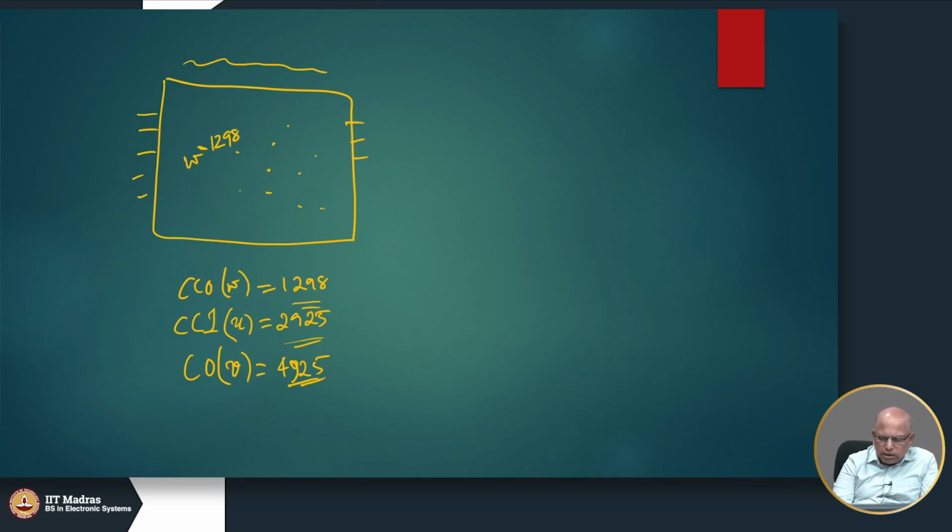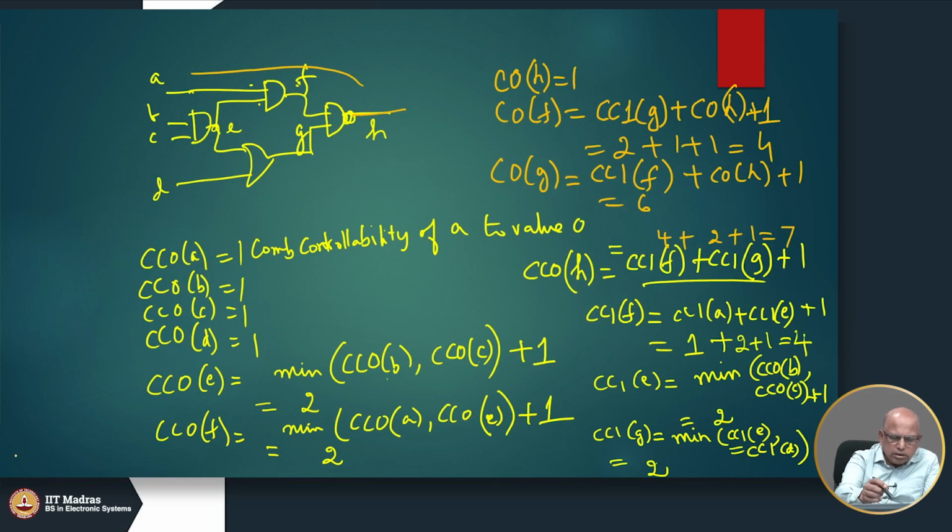The method I told you earlier about calculating the combinational controllability, observability, etc., is called SCOAP. SCOAP is the algorithm that can calculate these values: combinational 0 controllability, combinational 1 controllability and combinational observability.